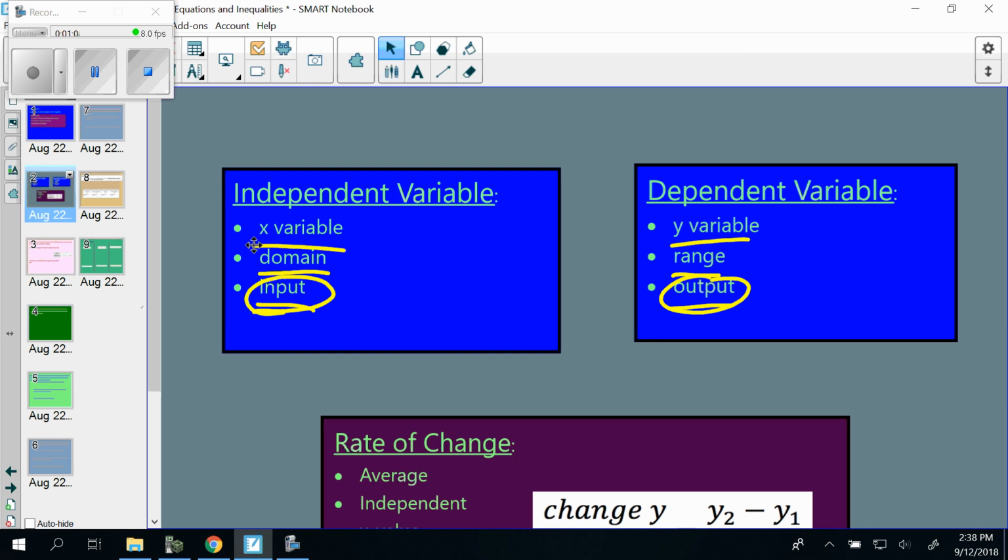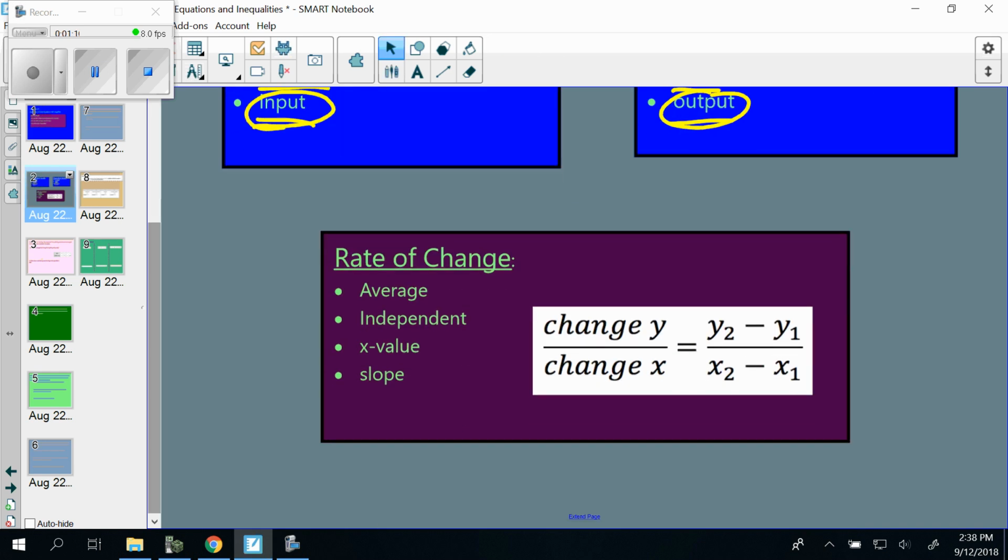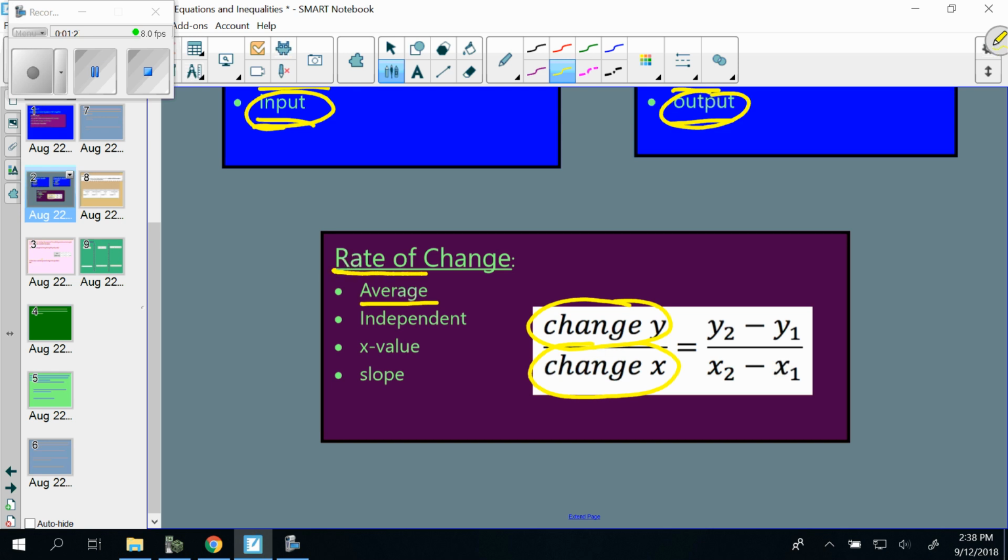We're also going to be looking at rate of change. When you want to find the average rate of change, that becomes your change in y over your change in x. So to find average rate of change, it's your change in y over change in x.